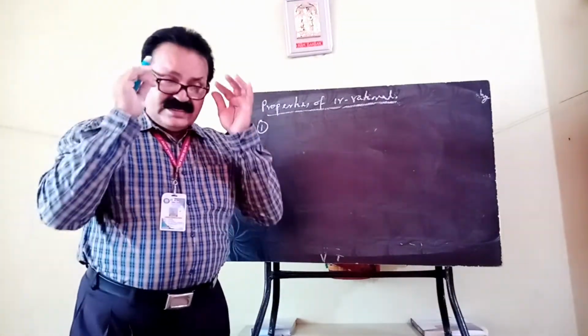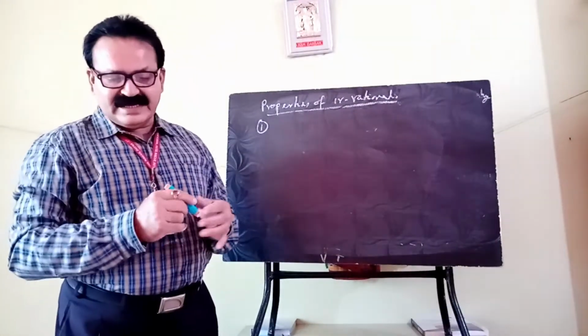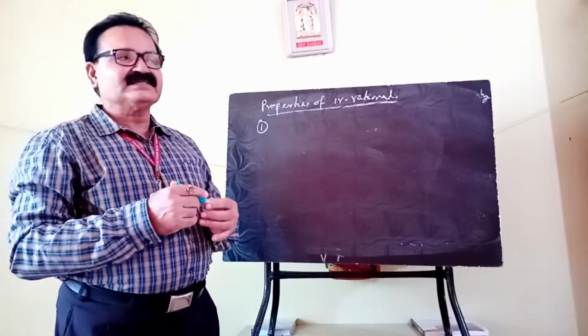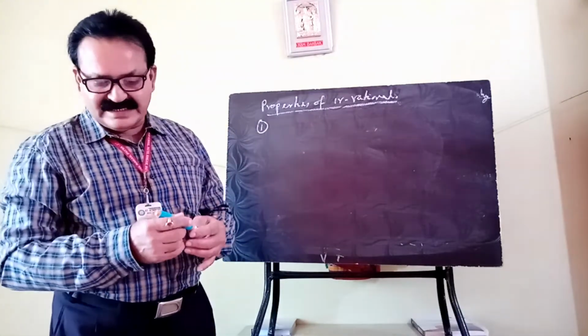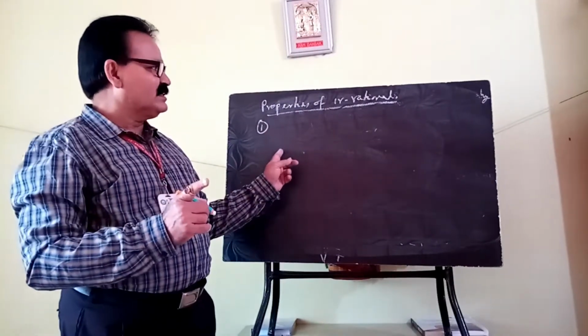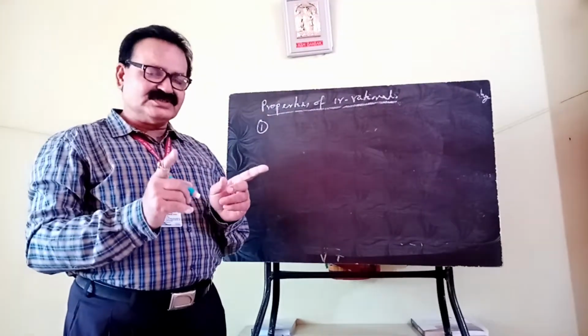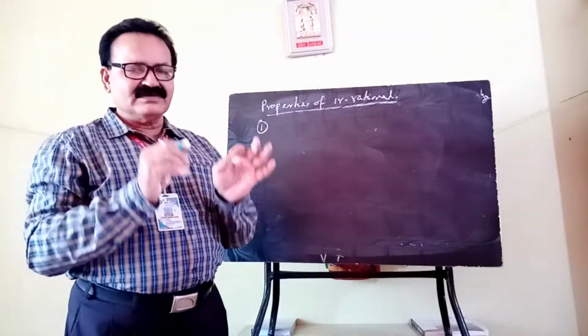As we had already explained in my earlier video, rational numbers are closed under addition, subtraction and multiplication.